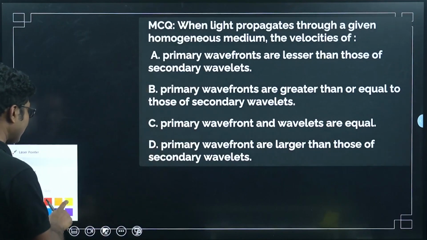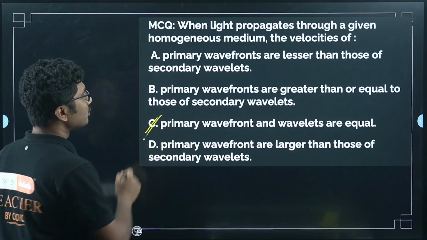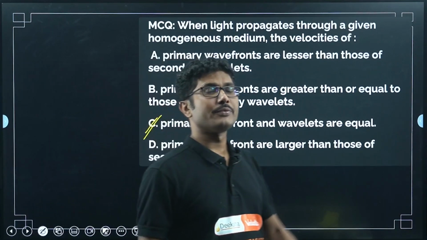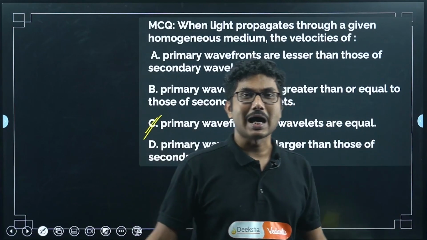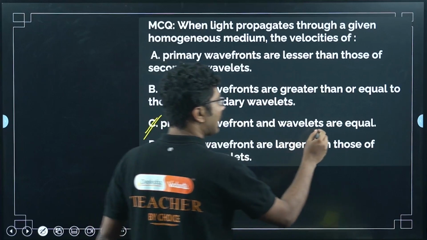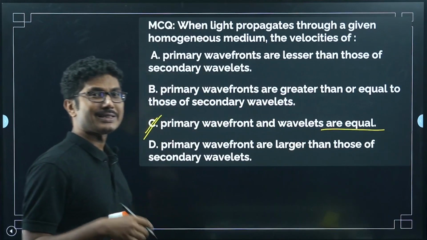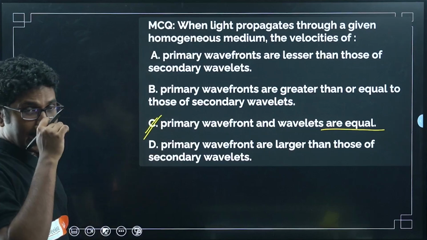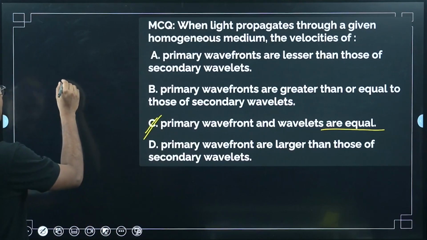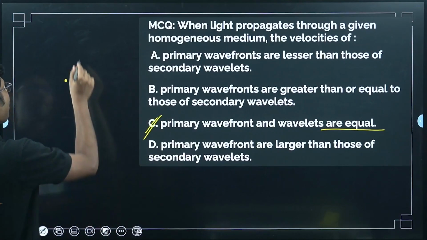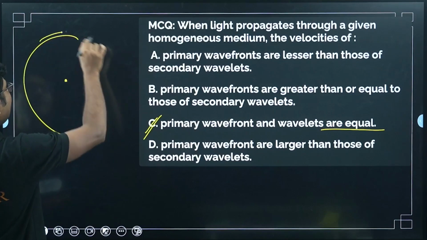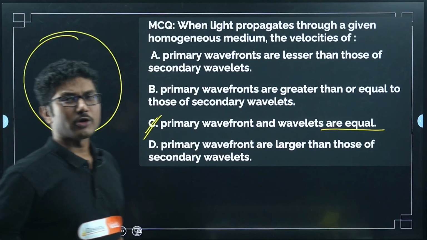Okay, so we know that they are always equal. The speed of the primary and secondary wavelets are always equal. They all travel with the same speed, that is the speed of light. Now if the source is a point, then light will be propagating in all possible directions.